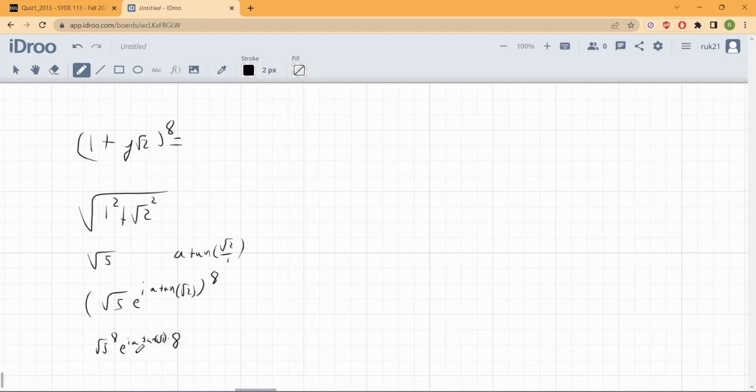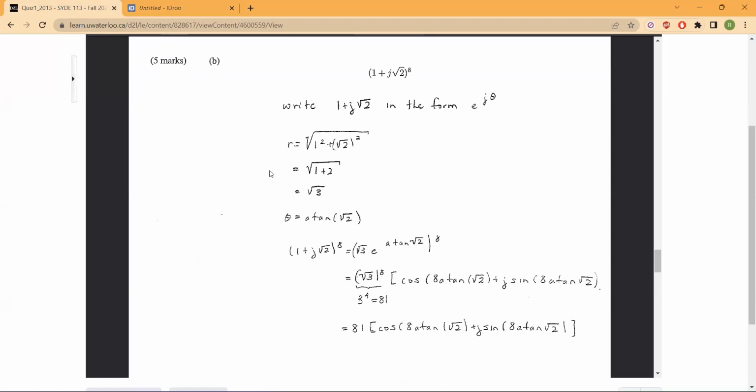Then you just have to convert it back to your rectangular form, again using the modulus times cos theta plus i sine theta. Cool. Let's move on to the next question.